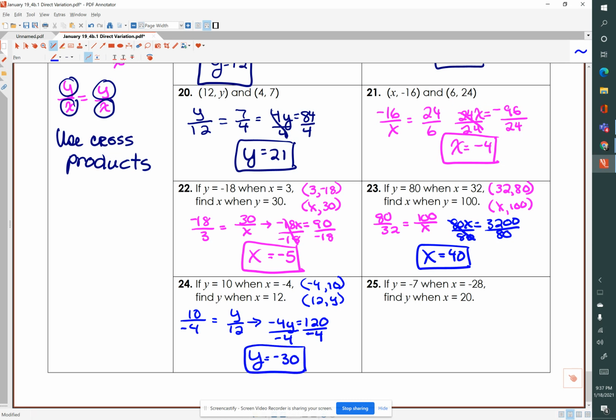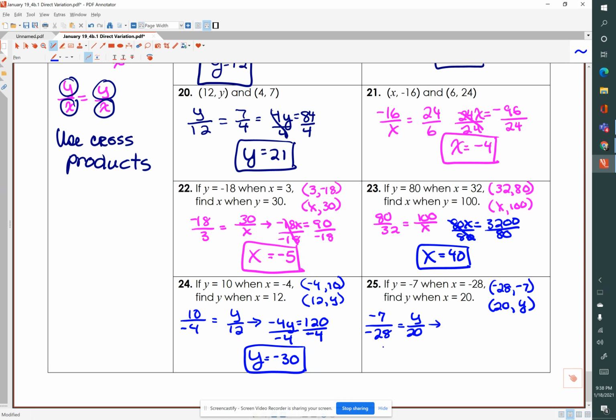And the last problem, if y equals negative 7 when x equals negative 28, find y when x equals 20. So x is 20, we'll find y. So negative 7 over negative 28 equals y over 20.